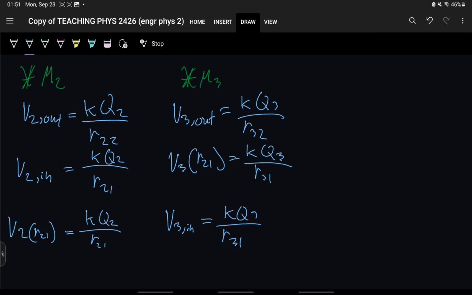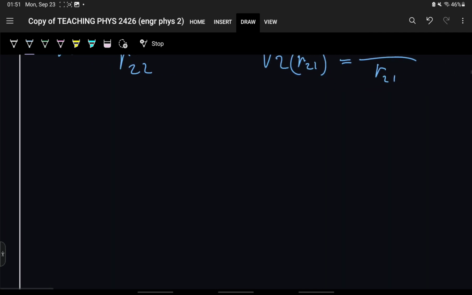Now let's take a look at the electric potential on M2 at R2,1. To calculate the total potential at the inner surface of M2, we need to sum all the potentials due to each shell. I'm going to rewrite some parts. The potential due to M1 is V1 of R2,1, equal to K times Q1 all divided by R2,1.